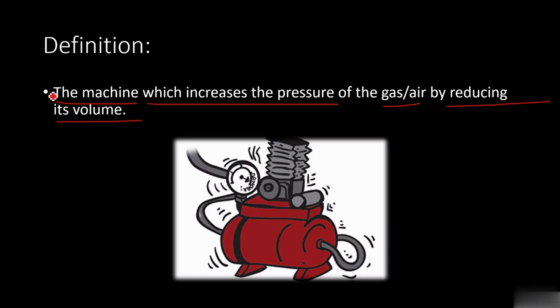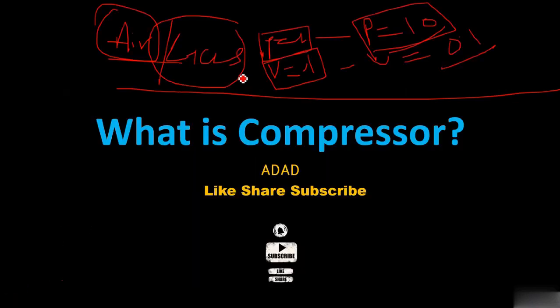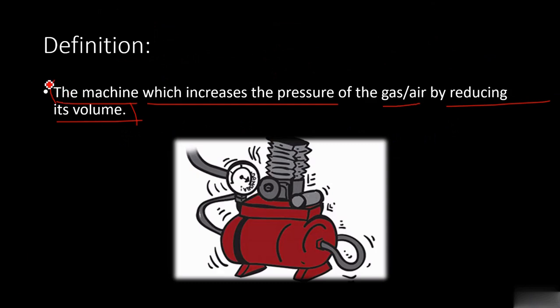What I told you first, the change in one property and another property gives some phenomenon. That phenomenon is compression, and that compression phenomenon is done by a machine called a compressor.